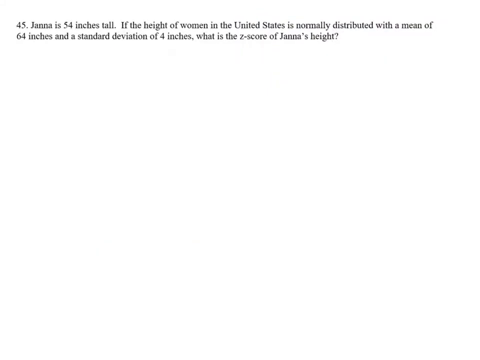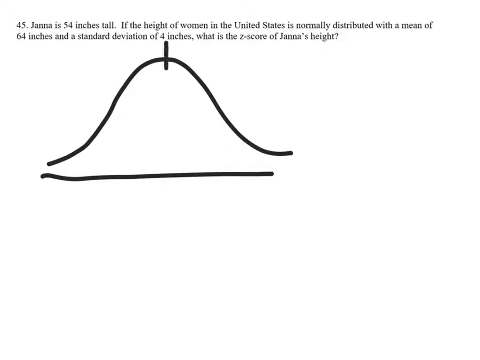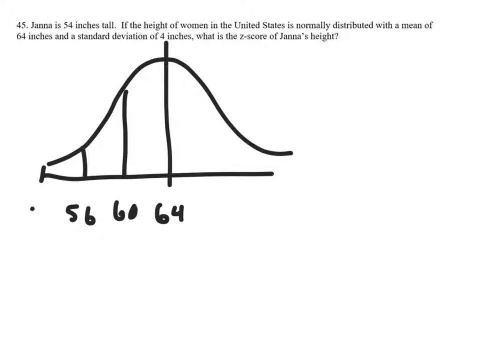So again, we have a normal distribution. It tells us that the mean is 64 with a standard deviation of 4. So 60 would be here, 56, 52, going this way, and going the other way 68, another 4 would be 72, and so on. Now what it says is that Jana's height is 54, so Jana's height is right in here.